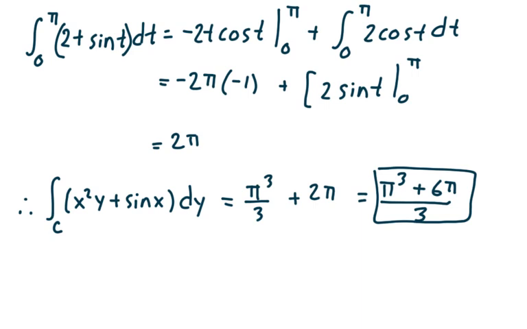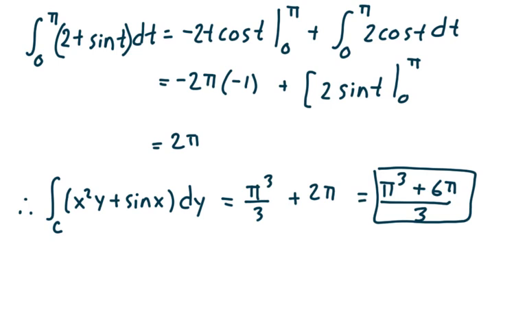So the integral from 0 to pi of 2t sine of t dt is uv, which is negative 2t cosine of t evaluated from 0 to pi, minus the integral from 0 to pi of v du.